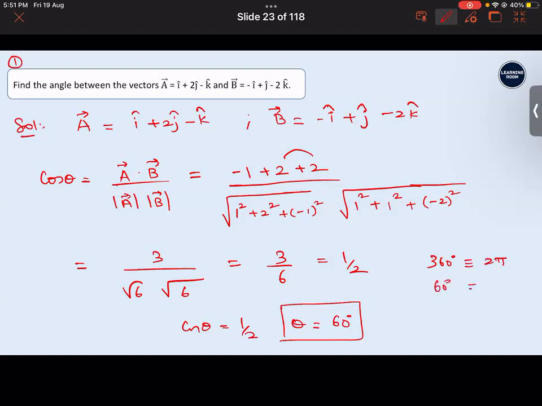So 60 degrees will be equal to 60 divided by 360 into 2 pi. This is why you multiply with pi by 180. The answer is pi by 3. So this can also be written as pi by 3 radian.